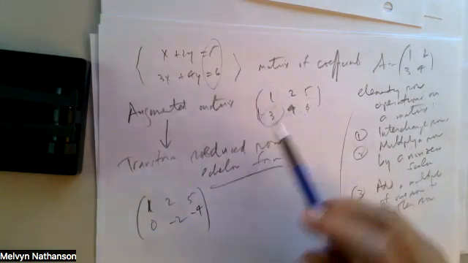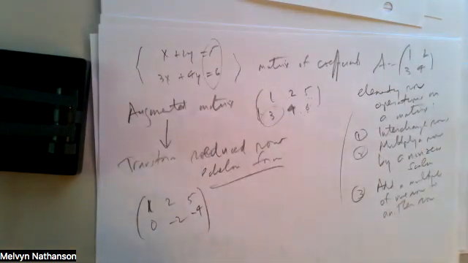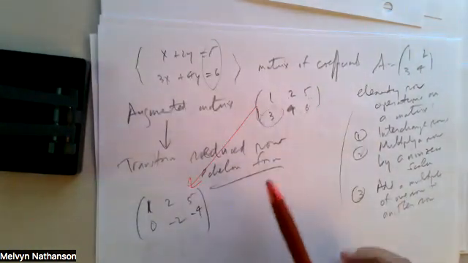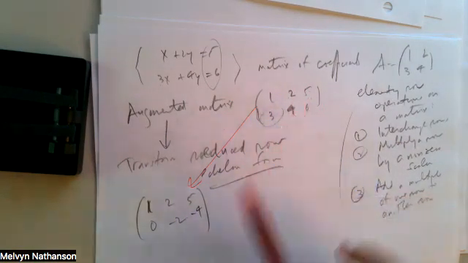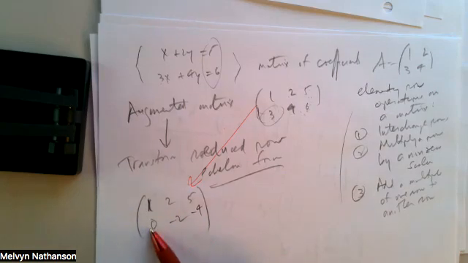So the way I got from this matrix to this matrix is to add minus 3 times the first row to the second row. So now the first row starts with a 1, and everything else in that first column is 0.